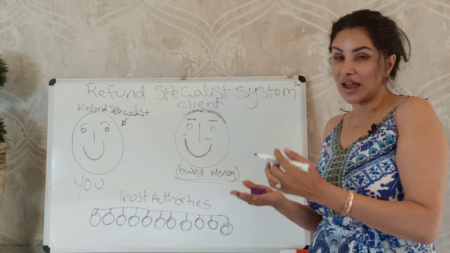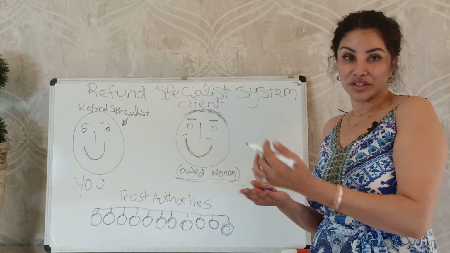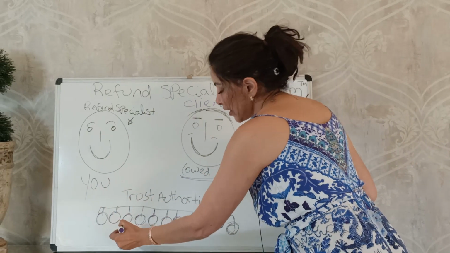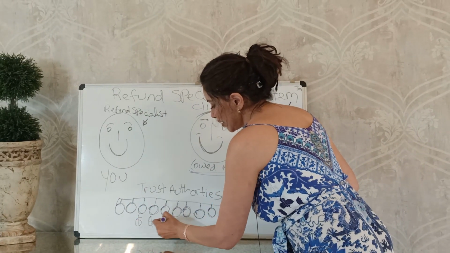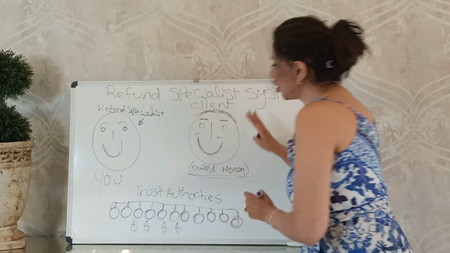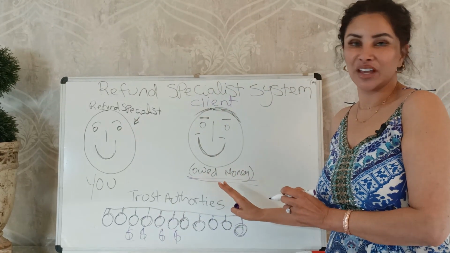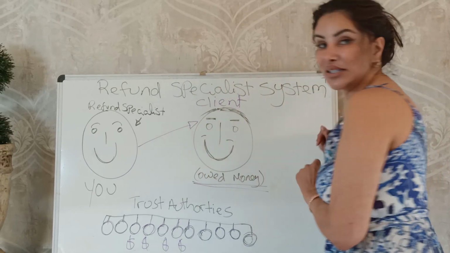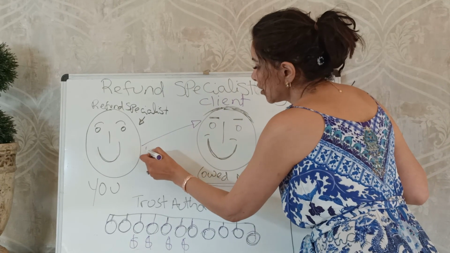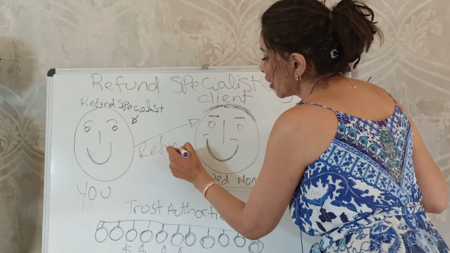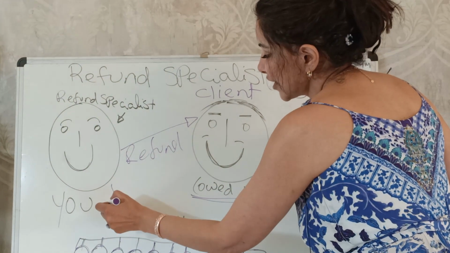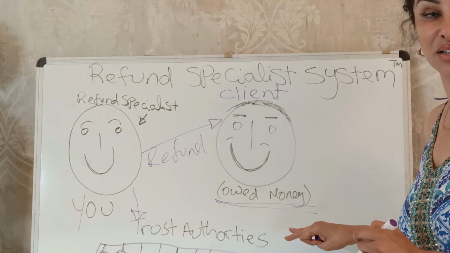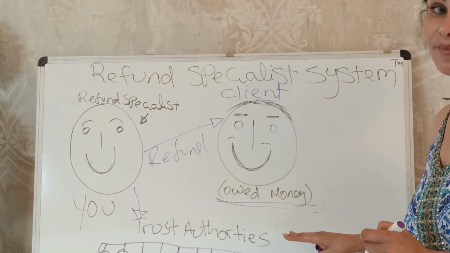So our business system covers those 5 jurisdictions. The trust authority is administering their money or assets, and you work with the client to help them get a refund of funds sitting in trust accounts with trust authorities.